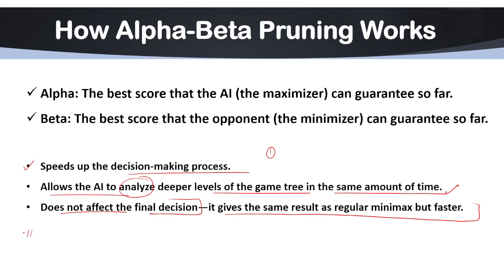Along with these three points, we have one more benefit of using alpha beta pruning over the min-max algorithm, which is its scalability. This method is scalable, which means it makes AI practical for games with many possible moves.